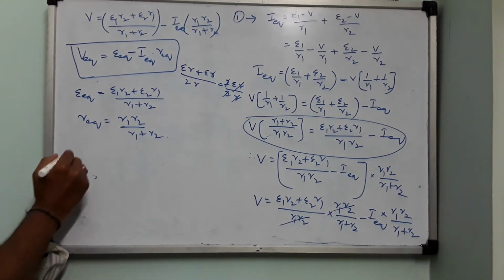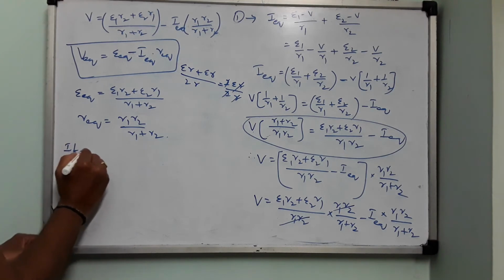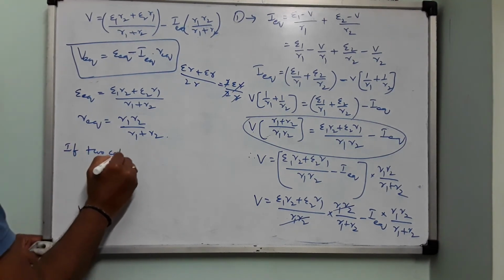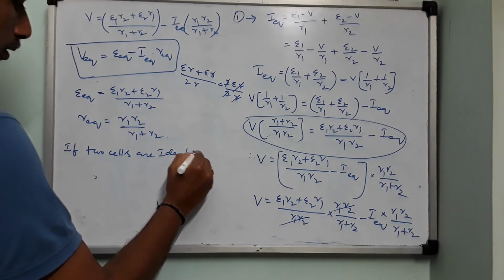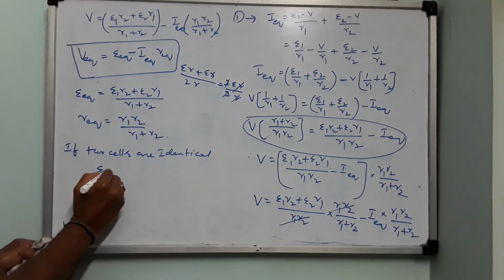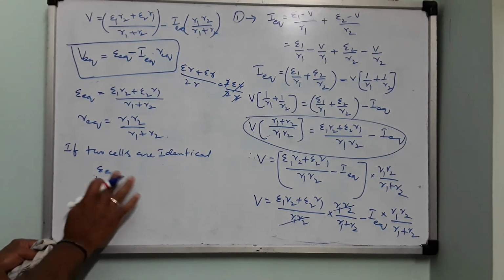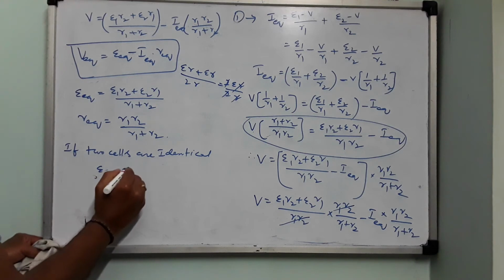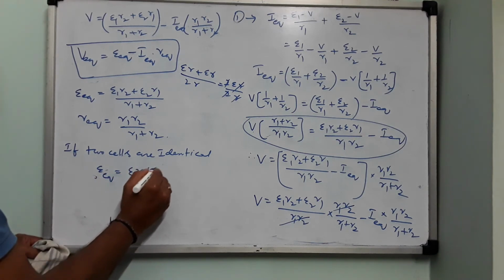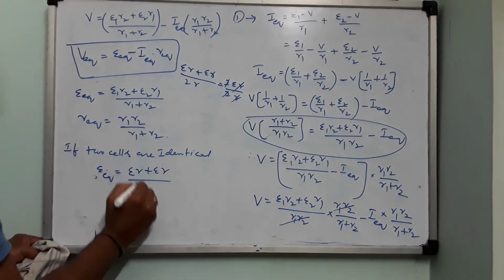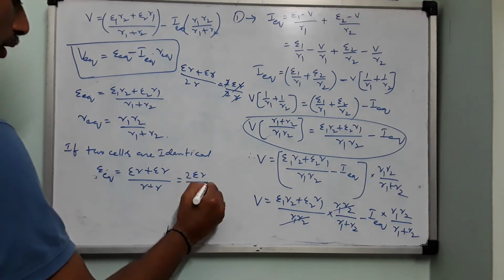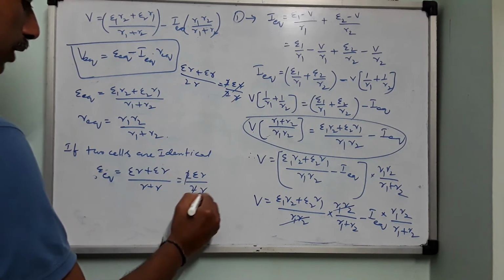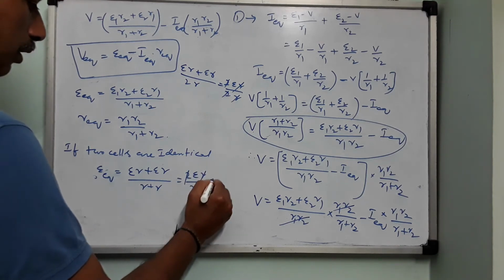Now, if cells are identical, if two cells are identical, then E equivalent equals, so this will be E into R plus E into R divided by R plus R. So this is 2ER divided by 2R, RR cancel, 2 cancel, you get what?